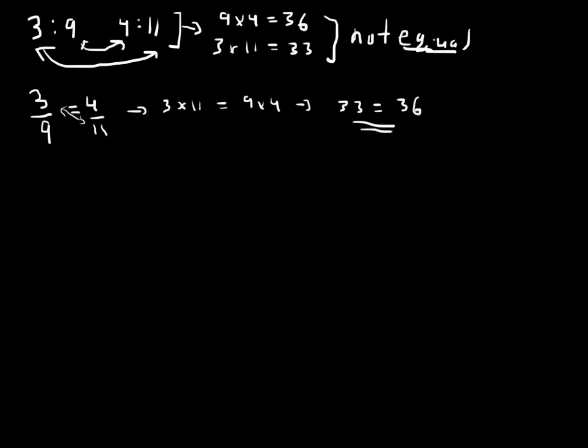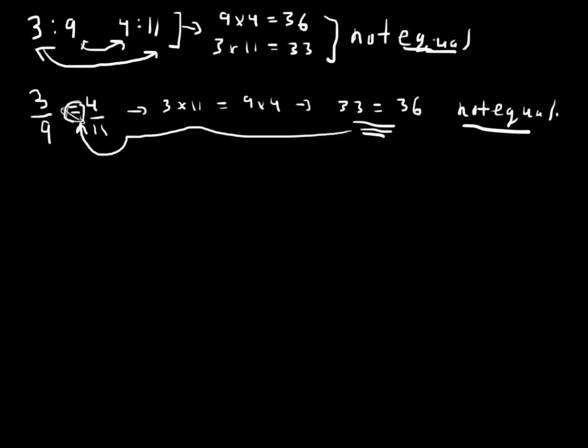And we know that can't be true. 33 does not equal 36. So our assumption that they were equal is wrong. They are not equal. This second way of doing it is exactly the same as the first way, except representing it with fractions instead of ratios.